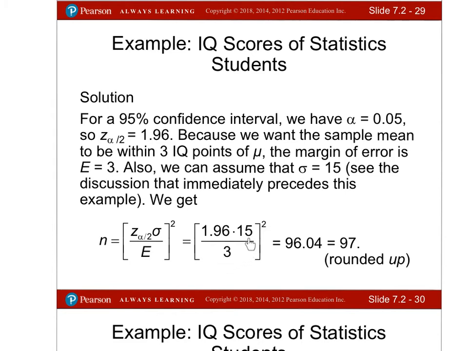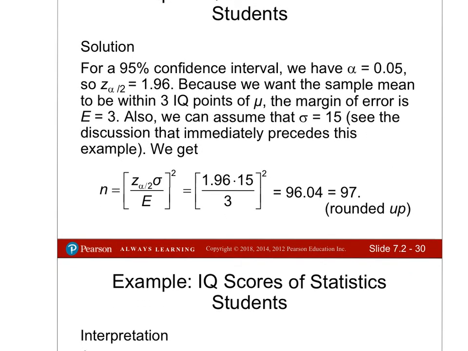And then, where do we get 15? Just look at the discussion of the immediately preceding example. Okay, that's where we get the 15. And you plug those into the formula, and that gives you 96. But you'll always round that up. So you want to survey at least 96, so that means bump that up to 97.